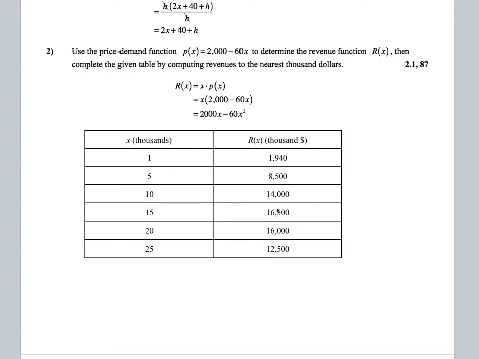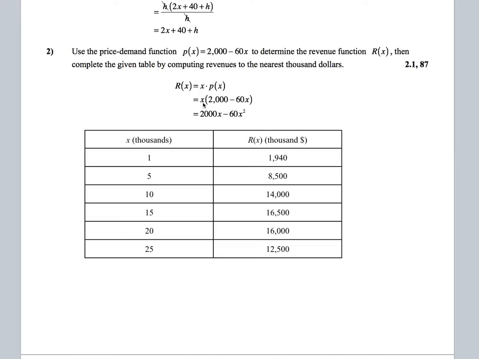Okay, now in question 2, we're given a price-demand function. So this is price as a function of quantity demanded. And we're going to use that to determine the revenue function, and then complete a table of values for various sales or production levels. Excuse me. And so revenue is equal to quantity times price.